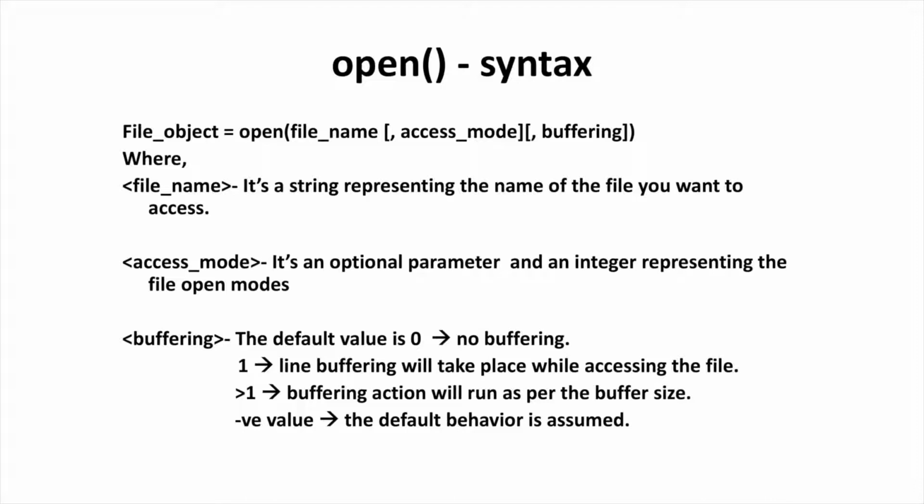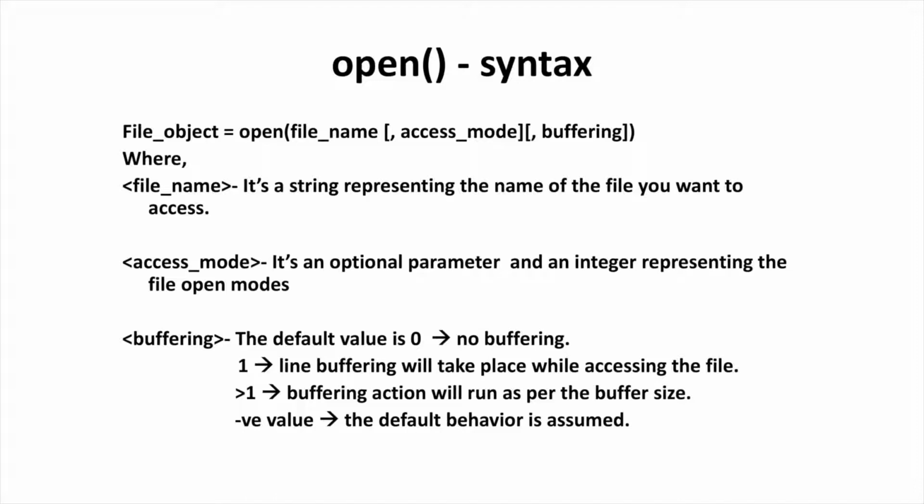Following that, we have 2 optional arguments. First of it is access mode. It is an optional parameter and an integer representing the file modes. We will see shortly about various file modes. Then the third argument, which is again an optional argument, is buffering.